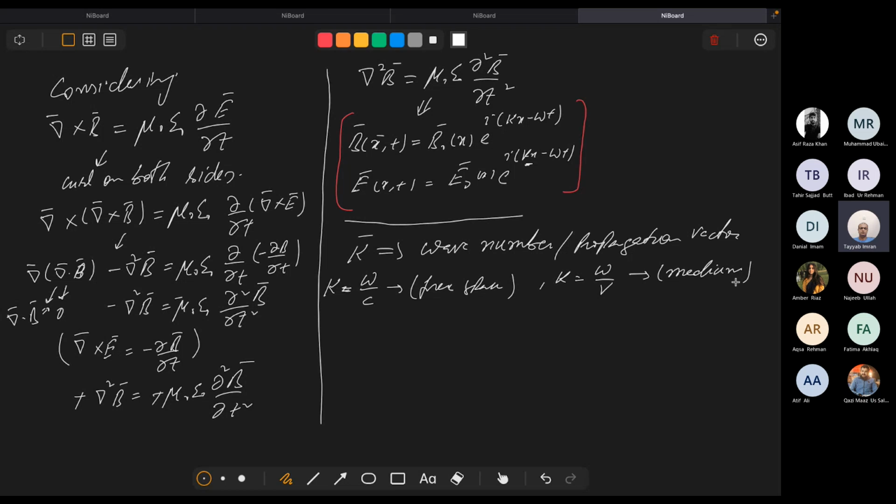If you remember the previous lectures, we know that c is equal to 1 over the square root of permeability and permittivity, because it is ε naught μ naught, that is why it is for free space. After that, if there is a medium, then we write like this.